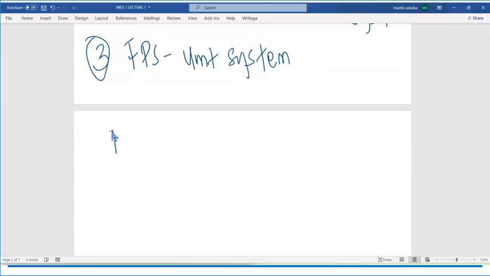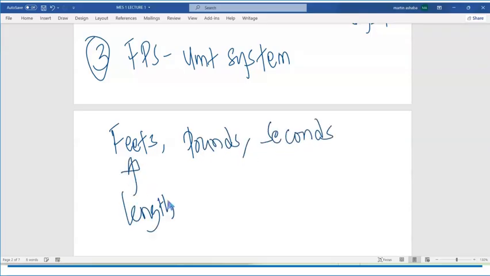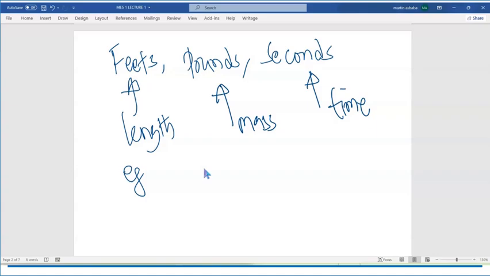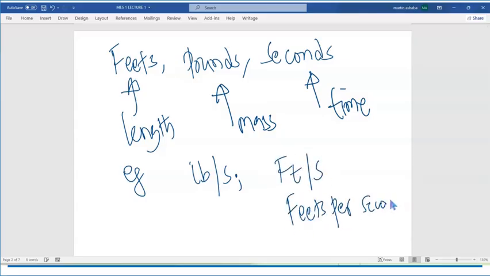So here we are talking about feet, pounds, and seconds. This is length, this is mass, this is time. For example, if you see something like pounds per second, or feet per second.